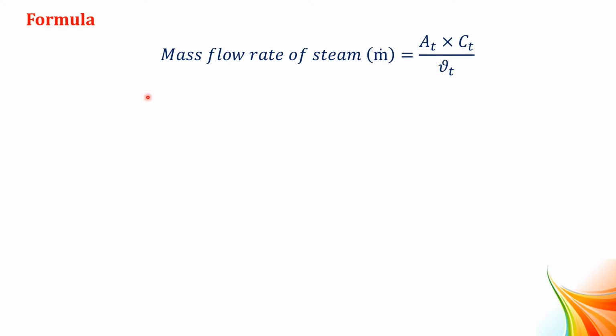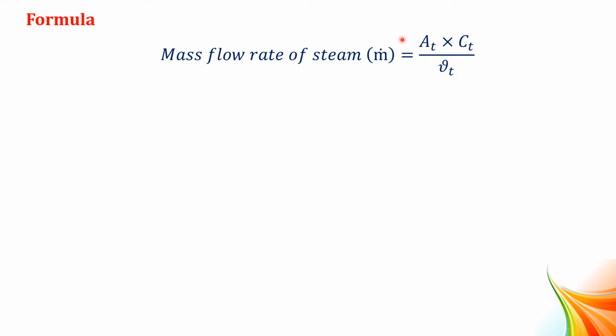So now we have to know the formula for calculating the mass flow rate of steam: m dot equal to At Ct divided by Vt. So we know from the mass balance equation, mass flow rate equal to A1 C1 divided by V1 equal to A2 C2 divided by V2 equal to At Ct divided by Vt.